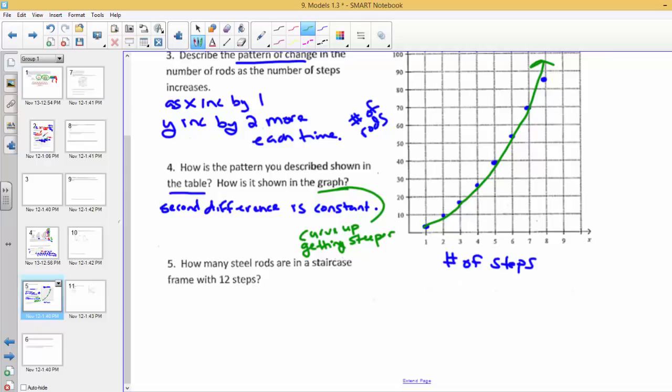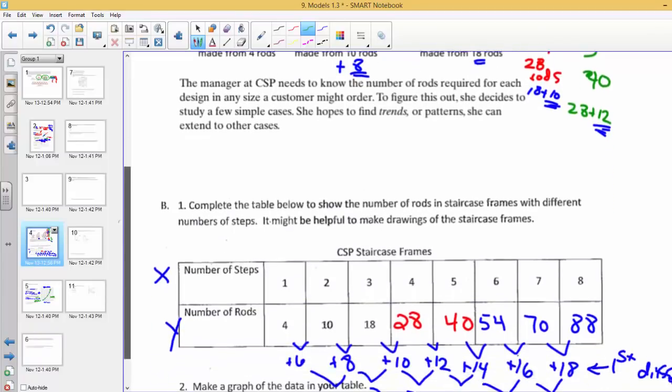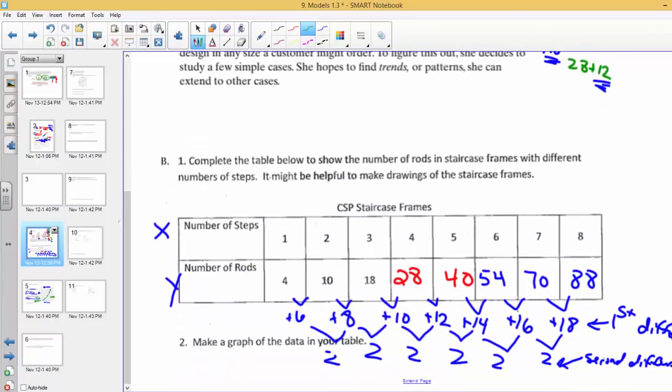So then it says how many steel rods are in a staircase frame with 12 steps. Now, this curve is called a parabola. And one of the last units we do this year, you will write equations for this. So this first section is just sort of introducing you to all these different types of patterns.